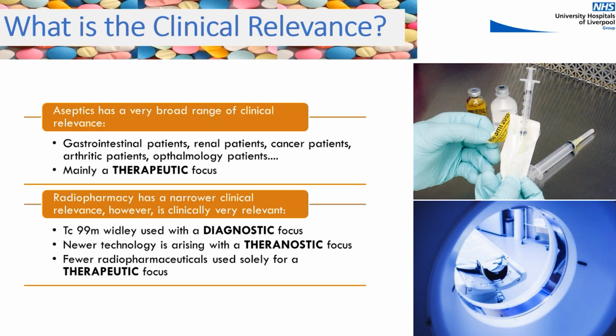With radiopharmacy, there is quite a lot of emphasis on new isotopes that are up and coming for diagnostic, therapeutic, and theranostic purposes, where you are looking at different isotopes, obviously, for either therapeutic reasons, or where you have that dual focus of either therapeutic and diagnostic, which is where the theranostic terminology comes in. So I hope that gives you a brief overview about what we're about.